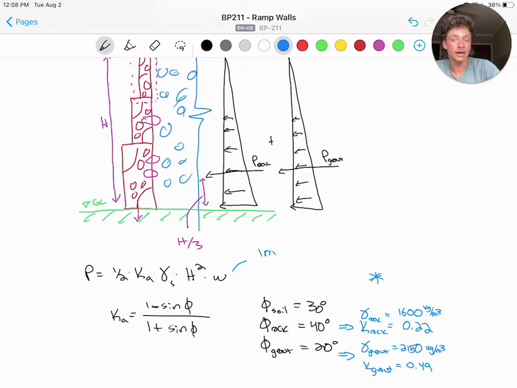A quick check, however, shows that this will never work for a 3.5 meter tall wall just resisting with self-weight. That's okay. It is unlikely that 3.5 meters will be filled completely in a day. It is more likely that the ramp wall will be built in lifts in tandem with the fill, making it easier to access and build the wall, as well as easier to get the grout mix to propagate into the rock structure.